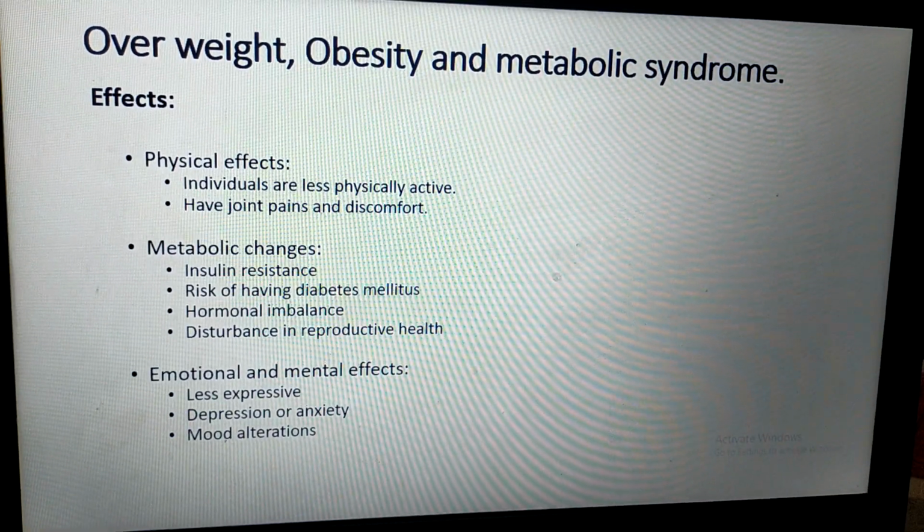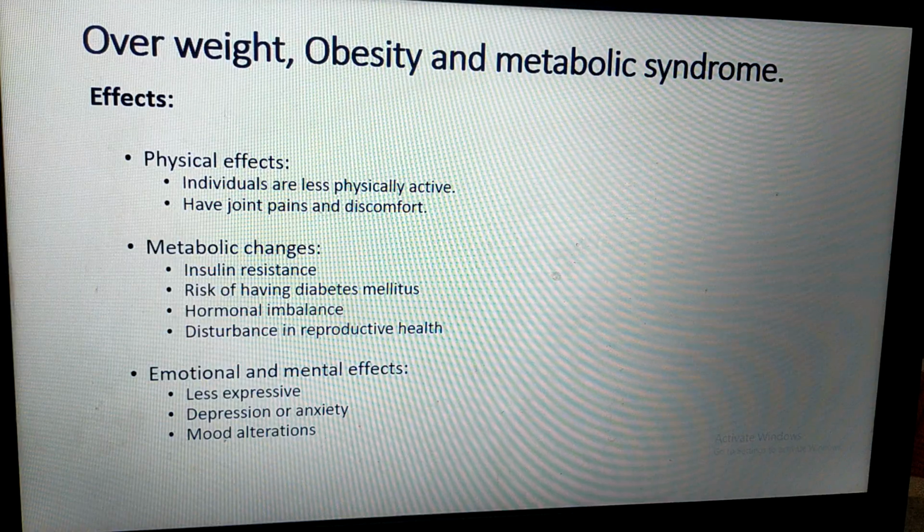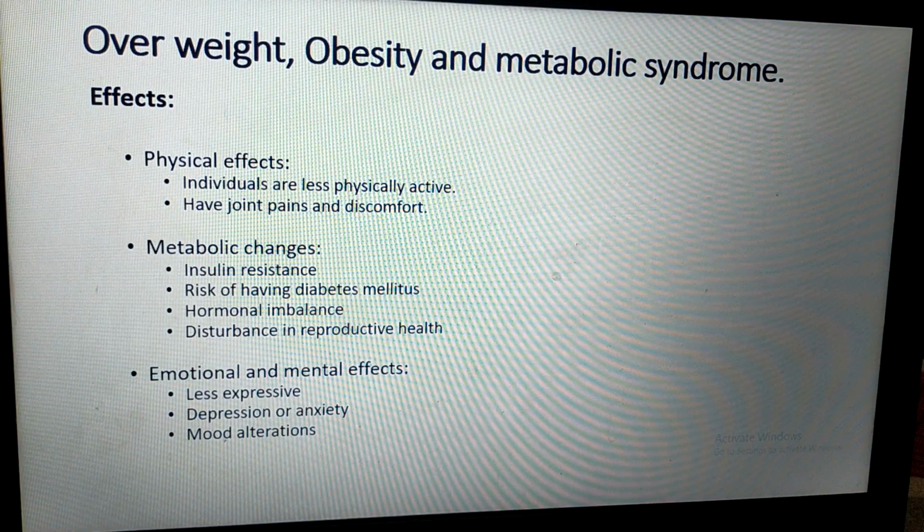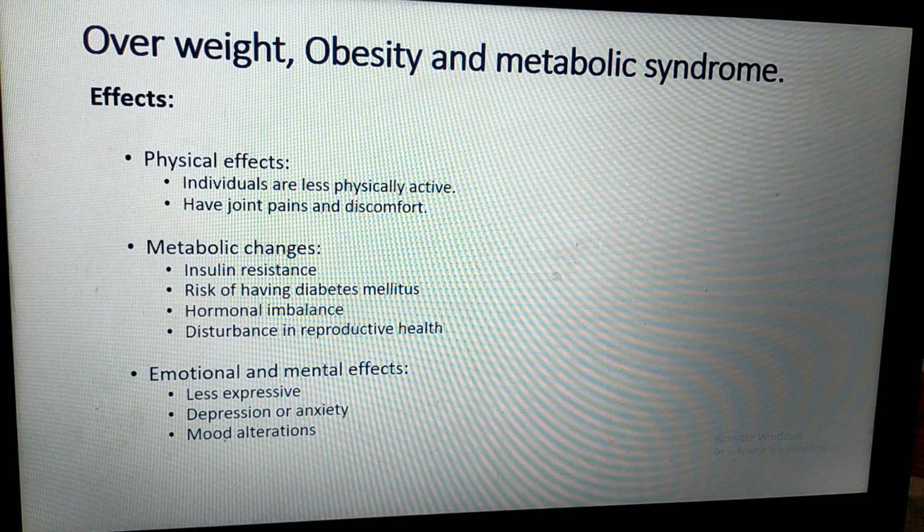Now we'll see the effects of these three conditions. First is physical effect. Individuals are less physically active, they have joint pains, they have discomfort in moving. Metabolic changes include insulin resistance, as we have just seen, risk of having diabetes mellitus, and hormonal imbalance is also seen, and this hormonal imbalance may lead to disturbance in the reproductive health of that individual.